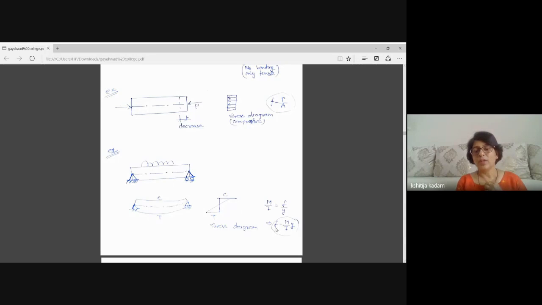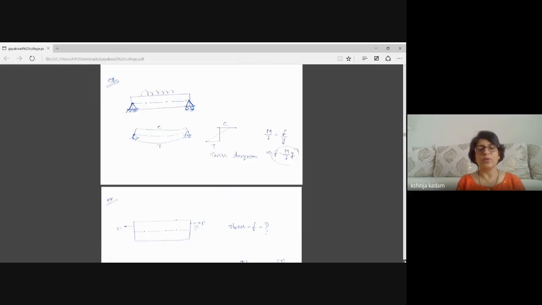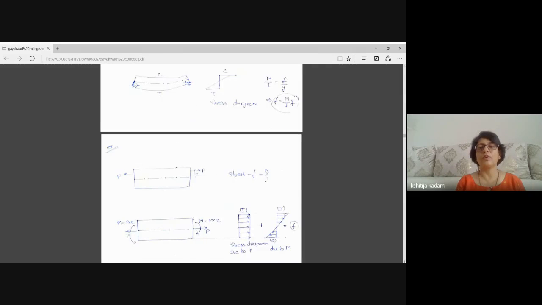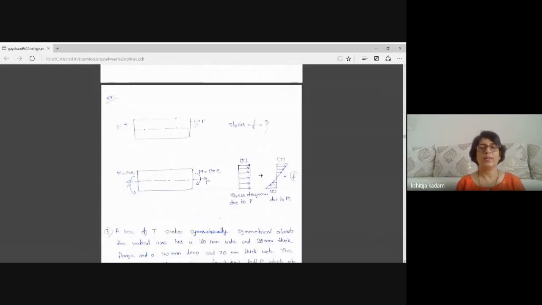So for calculating stress, I have different formula. For only axial problems, formula was P upon A. But for bending, formula is sigma equal to M upon I multiplied by Y. So the rod is same, only the way of loading is changed and the values change. The formula changes.